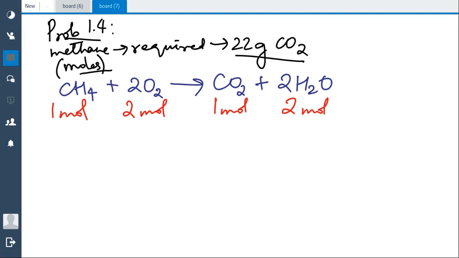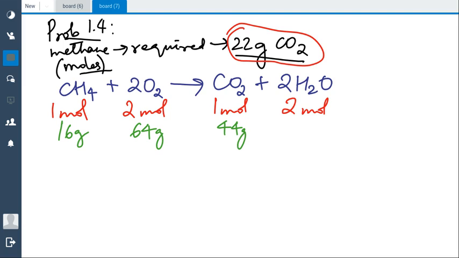Now, what is given in the question? 22 grams of CO2 is given. So I'll convert all these moles into grams. Do you remember the molar mass of CH4? 16 grams. Oxygen, 64 grams. Carbon dioxide, 44 grams. And 2 moles of water is equal to 36 grams.